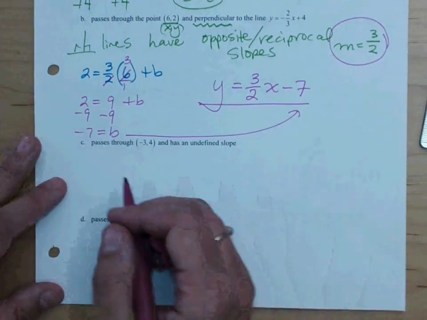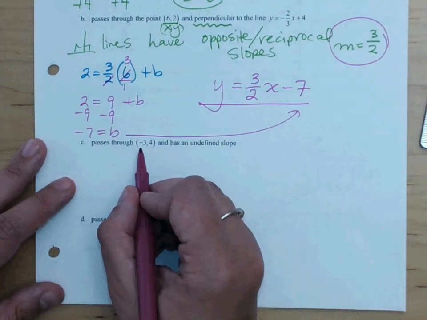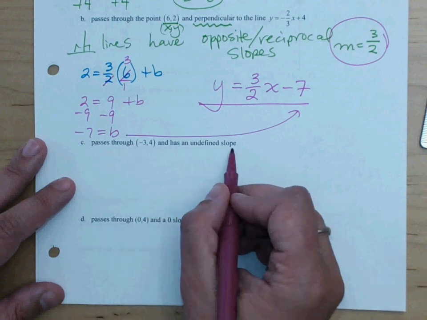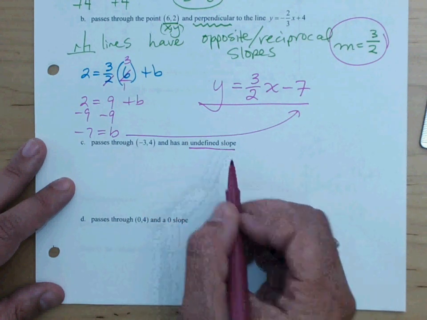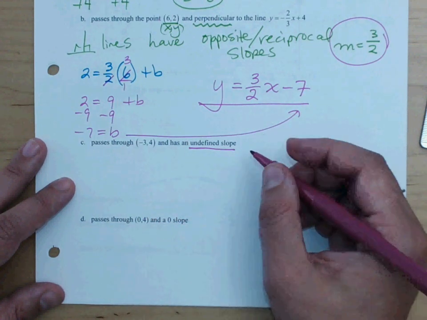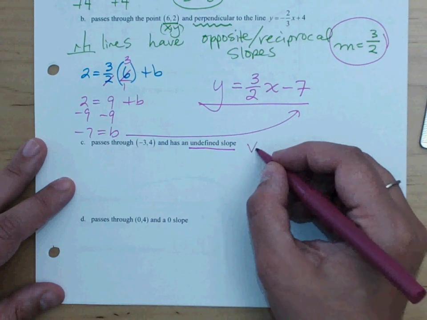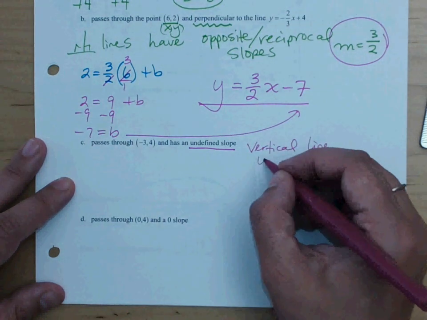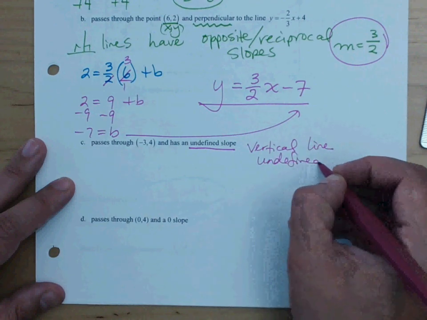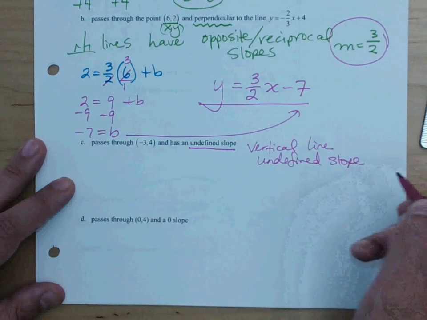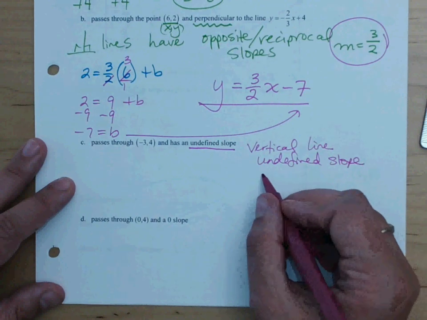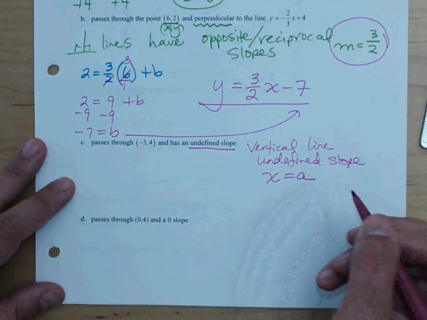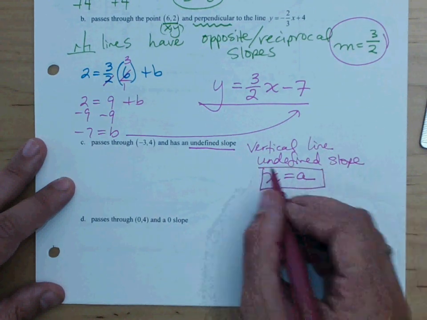A line that passes through negative 3, 4 that has an undefined slope. So anytime you have an undefined slope, what kind of line do you have? You have a vertical line that has an undefined slope. And that's just going to be x equals a number. That's the equation always for a vertical line.